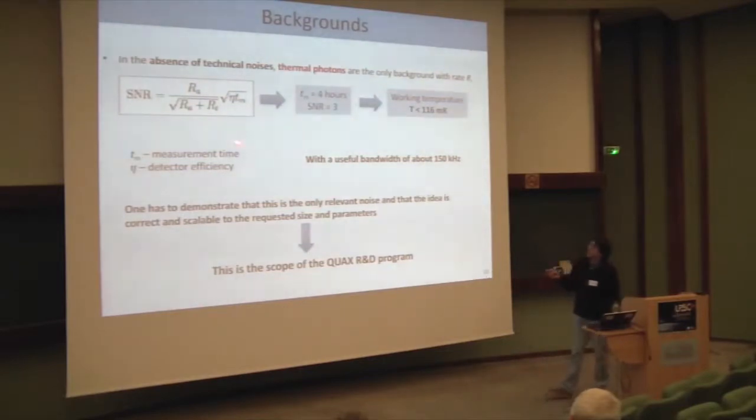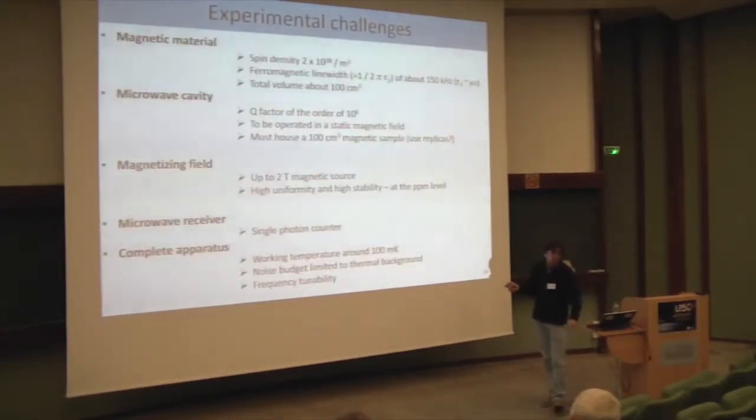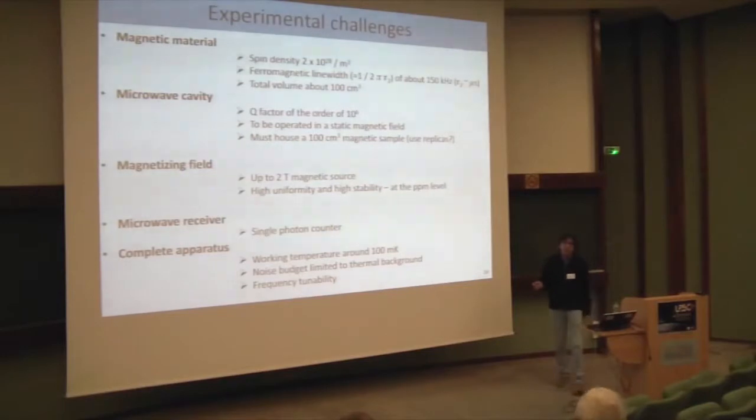And if we take these numbers, we'll have, say, a useful bandwidth of about 150 kilohertz measured in a few hours. So one now has to demonstrate that this R&D program is feasible. And these are the experimental challenges that we have to fight. They are divided into these sections.